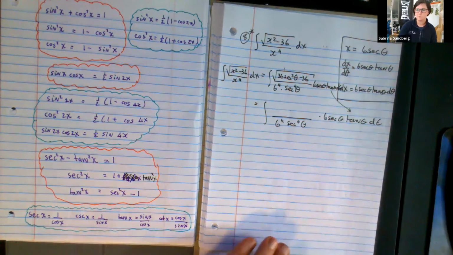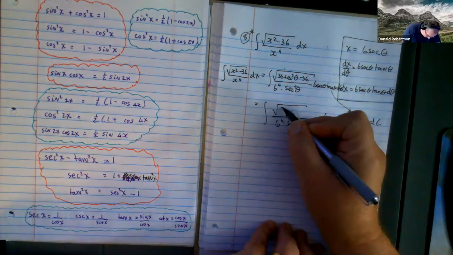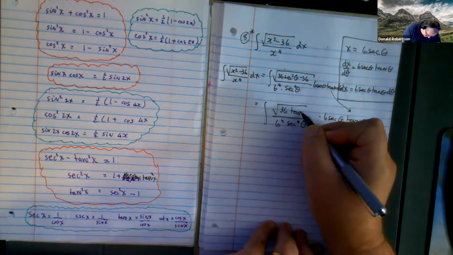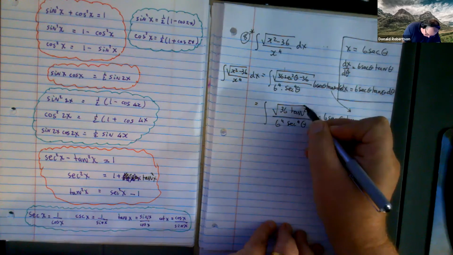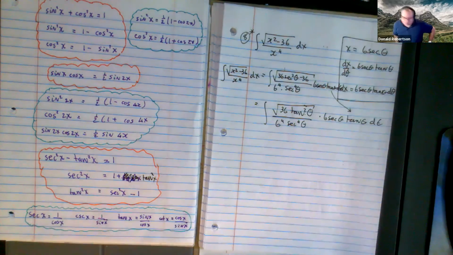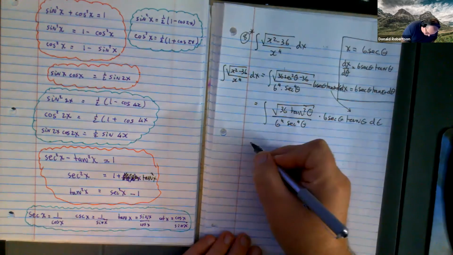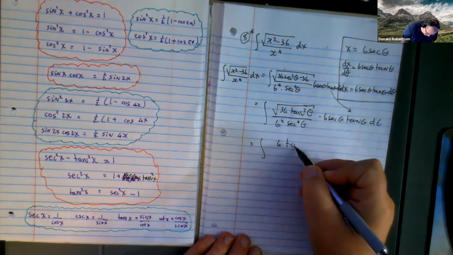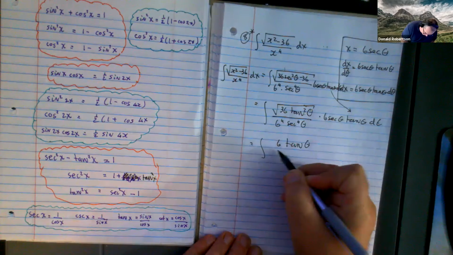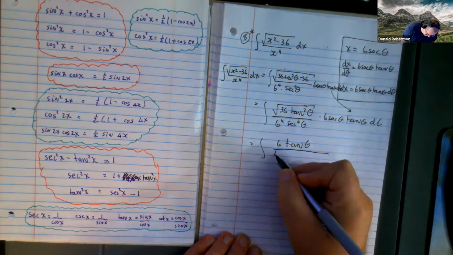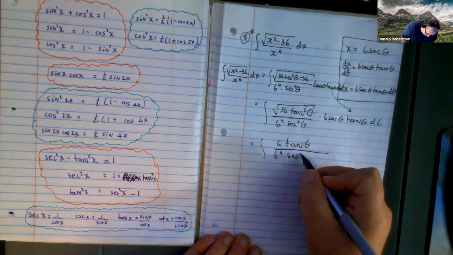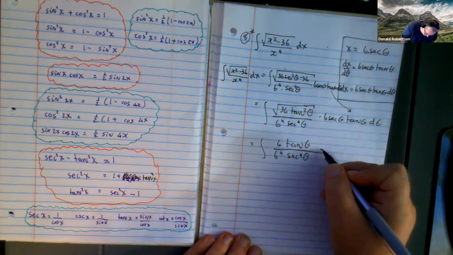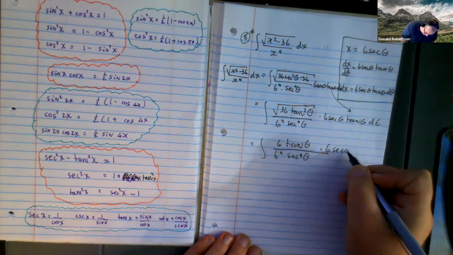And so won't this be the square root of 36 tan squared? Are you all happy about how that became this? Now you can take the square root of this guy and get 6, and the square root of the tan squared and get tan. I got this fella still, and I've got all this stuff as well.